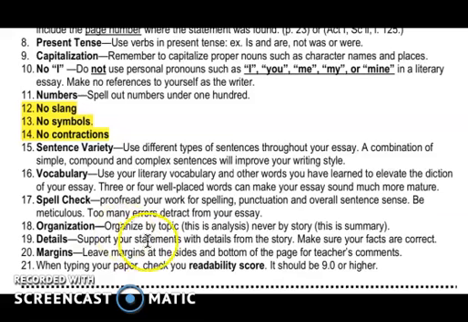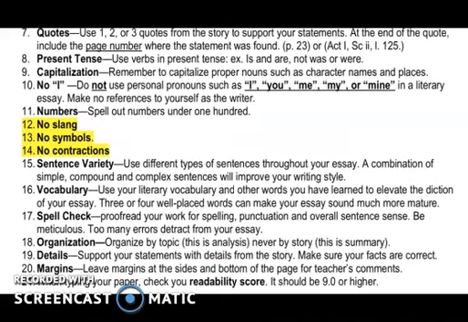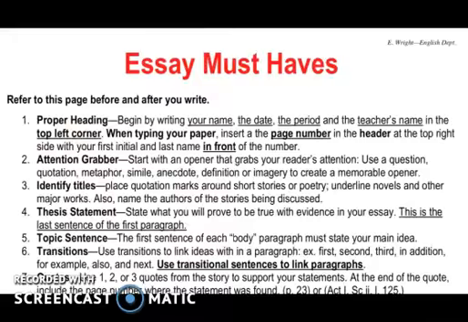Let's see what else you need here. You need 1-inch margins when you do go to finally type up your paper. And I think that's about it. I think this is a good amount for you to remember. Okay, so I will bring a paper copy of this, but I just wanted to walk you through it.